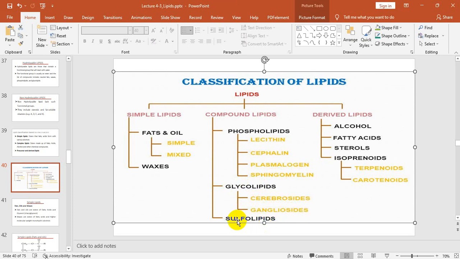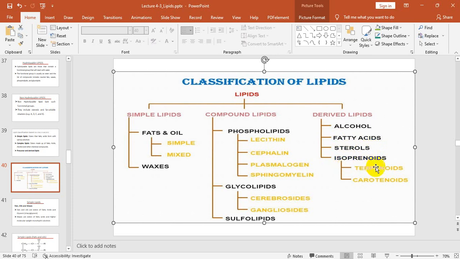Sulfolipids are lipids that we've conjugated or attached with sulfur. We also have derived lipids from alcohol, and derived lipids are produced most of the time by the body, joining different fatty acids, alcohol, and others to form the sex steroids, which are testosterone, progesterone, estrogen, that mediate the menstrual cycle and male and female fertility.